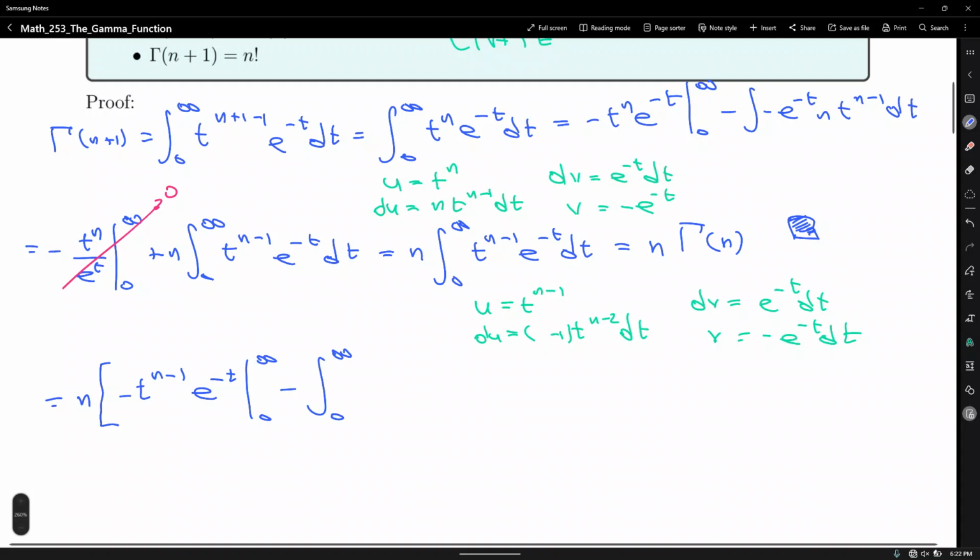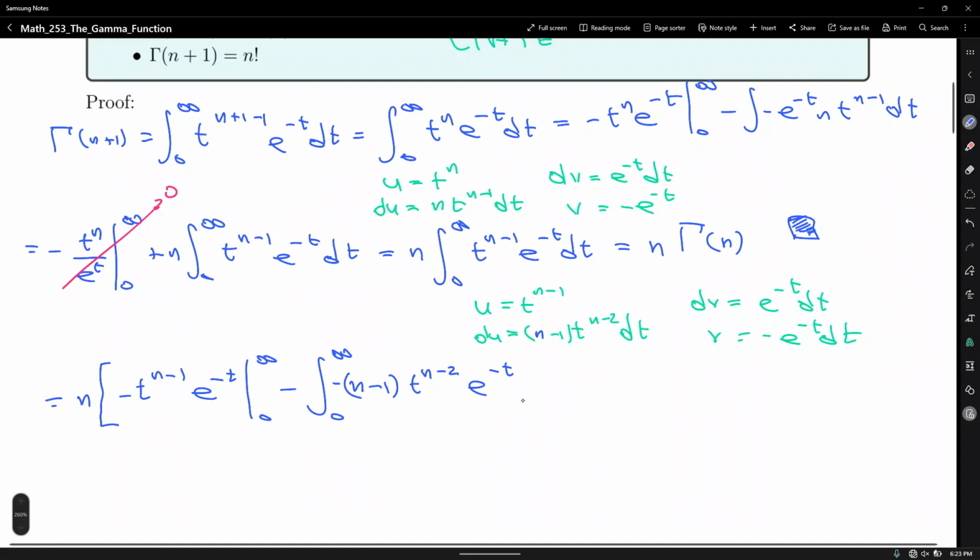Oh, actually this is supposed to be n, not t. That'll be n minus 1 times t to the n minus 2 times e to the negative t, but there's a minus here. I'm going to put it over here, and then that's going to become a positive later on.